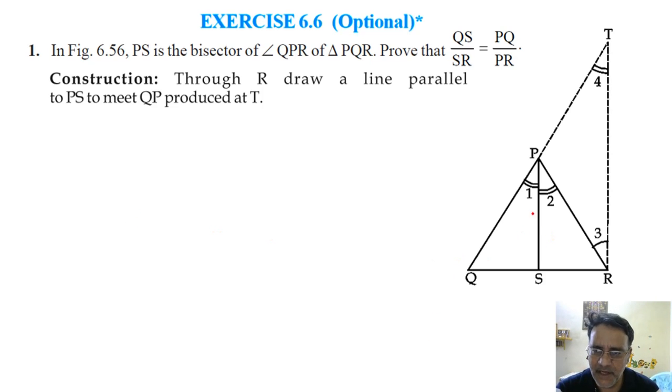Now angle 1 is equals to angle 2. Why? Because PS is the bisector of angle QPR.